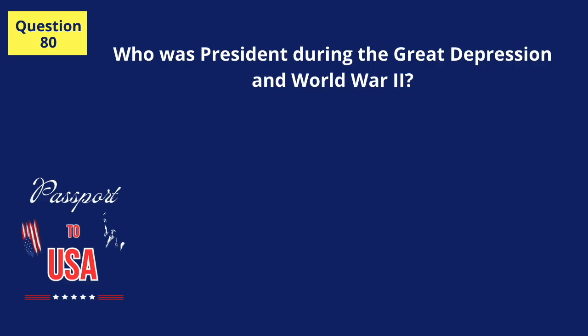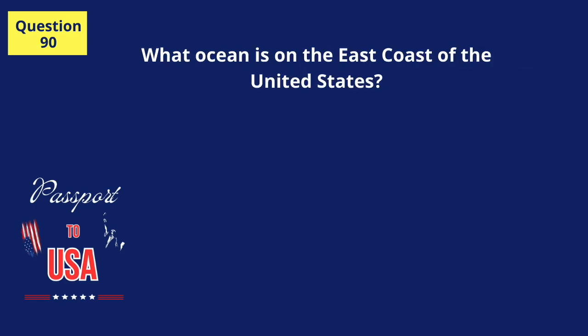Who was president during the Great Depression and World War II? Franklin Roosevelt. What ocean is on the east coast of the United States? Atlantic Ocean.